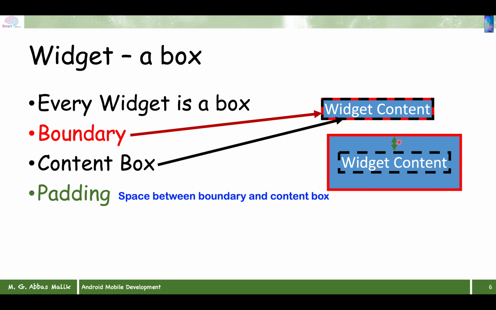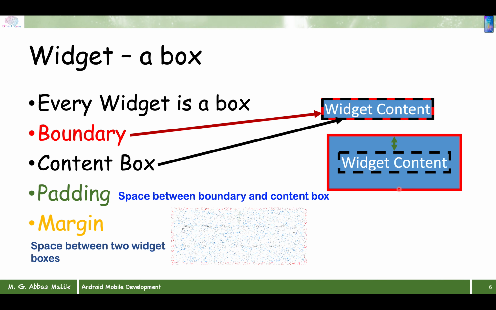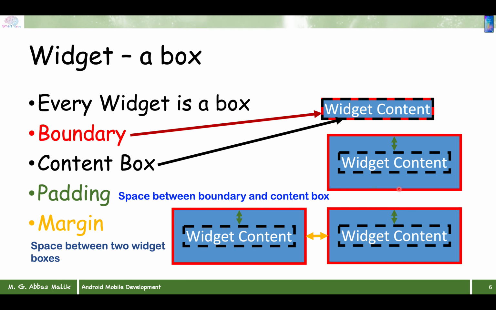We may leave space on top, on the left side, on the right side, or on the bottom. Similarly, we also have the margin properties. We can set some specific margins. Padding is the white space inside the widget box. On the other hand, the margin is the white space outside the widget box, between the other widget boxes.